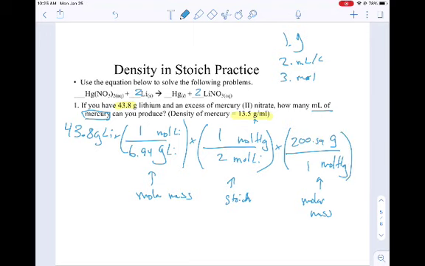Okay. And then that next step, which I ran out of room for, would be taking that gram and converting to mL using the density. So the density is 13.5 grams in every 1 mL. And that would then get me to my answer for milliliters of mercury, because that's what the density was.